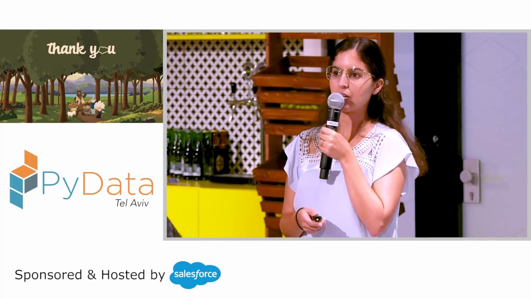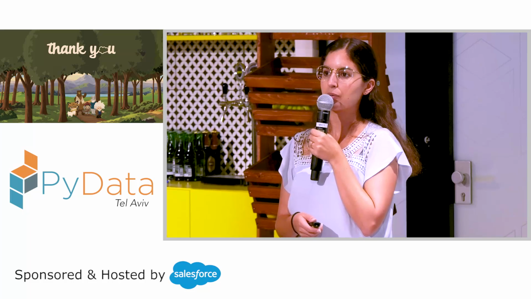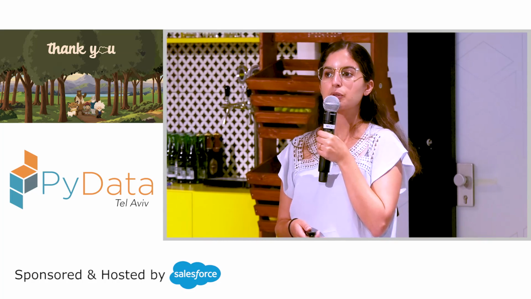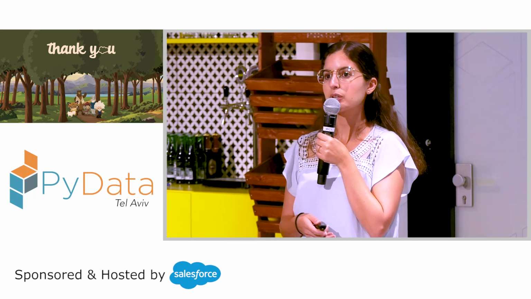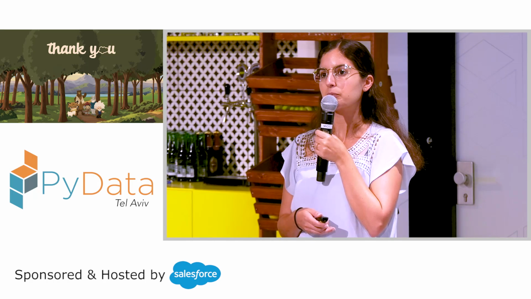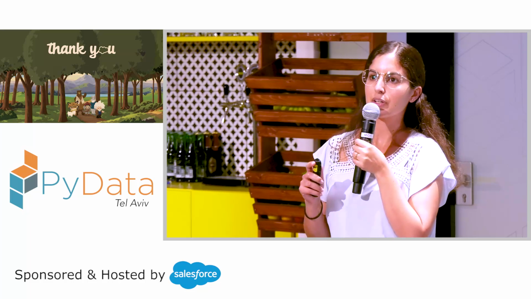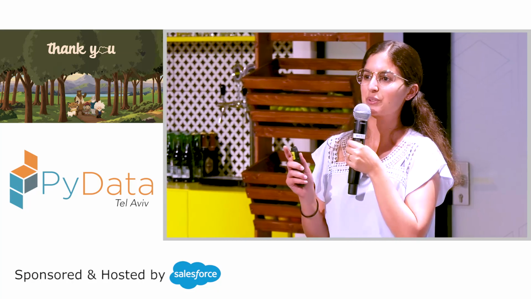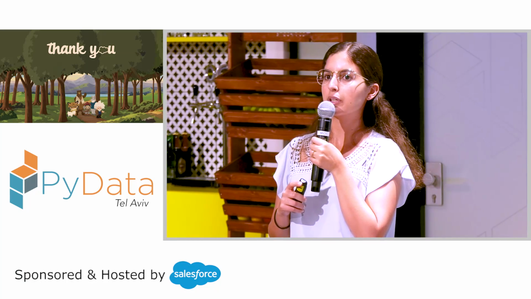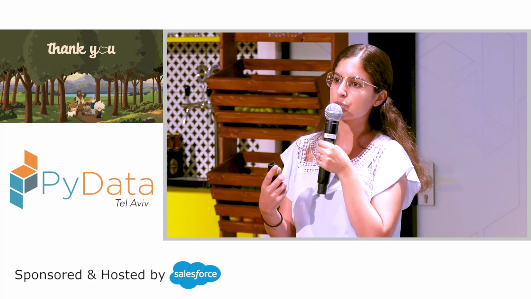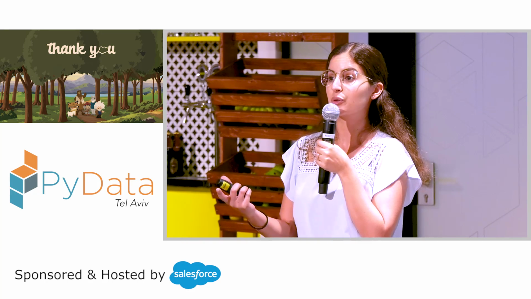So the question was, how do we decide when to retrain our models or how to retrain our models? We retrain, there are multiple flows. First of all, as I said before, we allowed the customer to have a certain level of control.